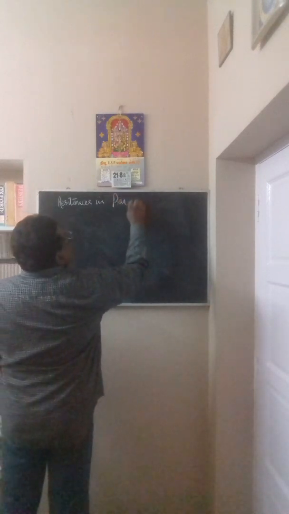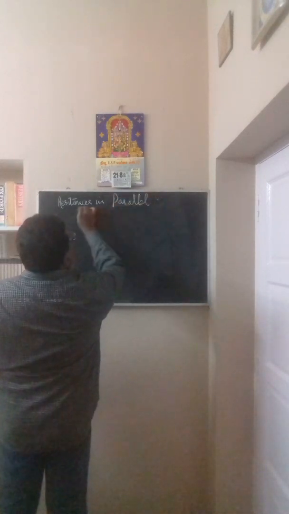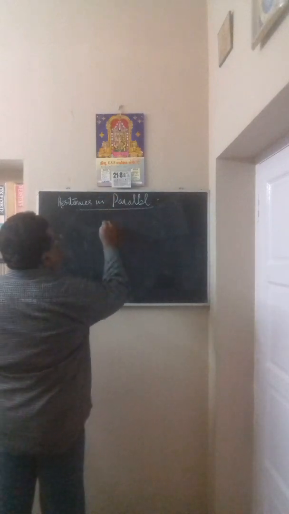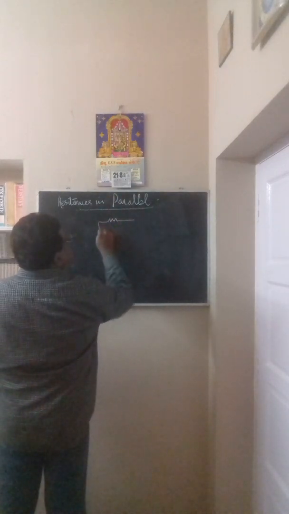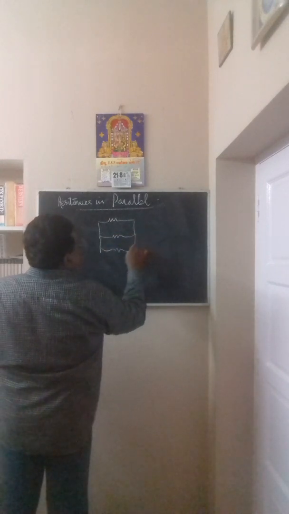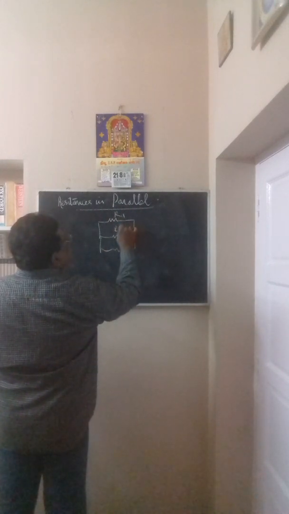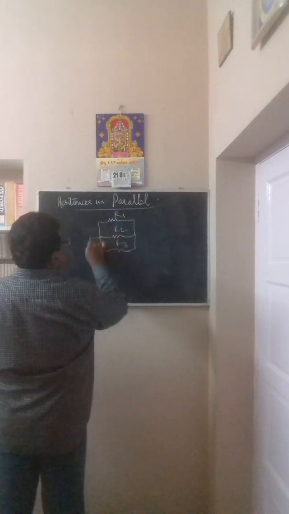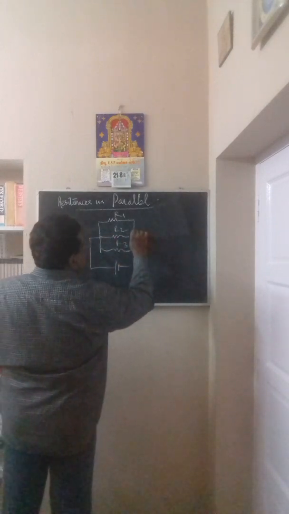If you take the effective resistance in parallel, in the parallel circuit, you will have the three resistances R1, R2 and R3 connected like this with a common voltage.